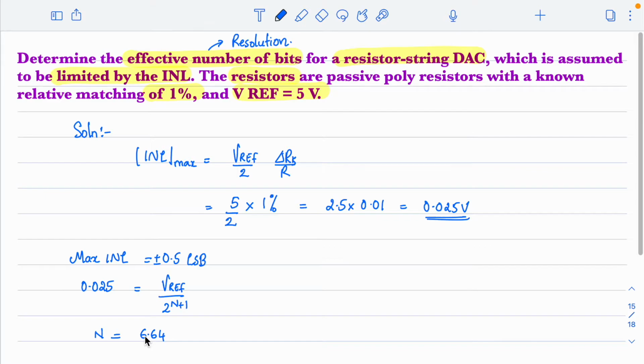If you round it off to 7, that will definitely give you some error, because it is only 6.64, it is not even 7. So in this case we can say that the resolution is 6 bits. Under the worst case scenario, the resolution can be only up to 6 bits, because if you consider 6.64 as 7, we don't have 7 bit resolution. Based on the worst case, the resolution we have is up to 6.